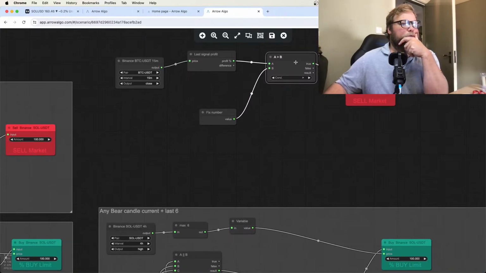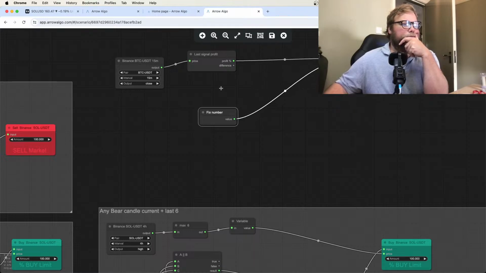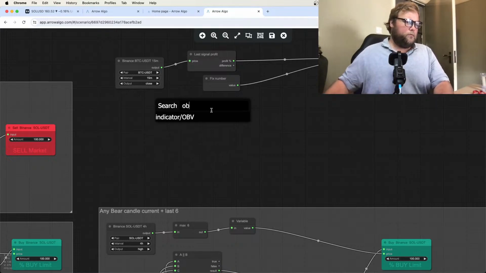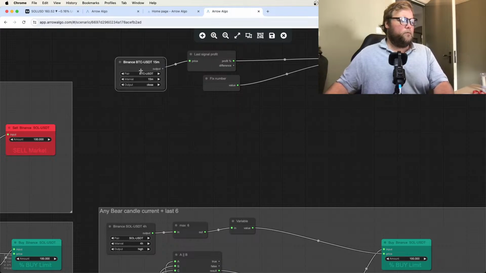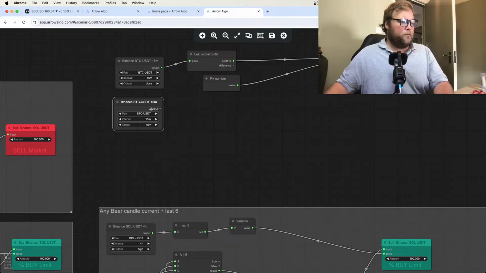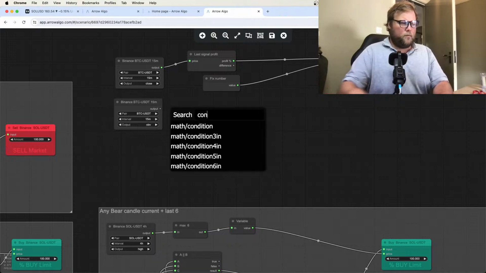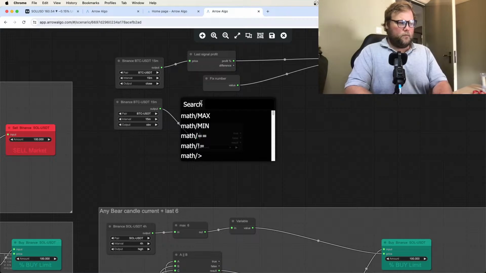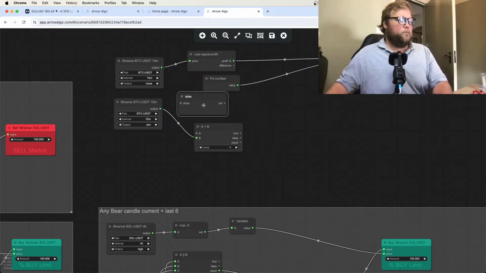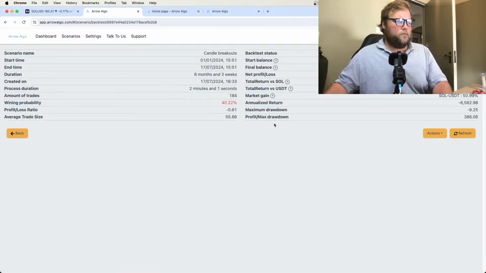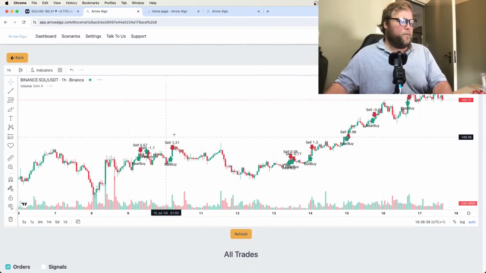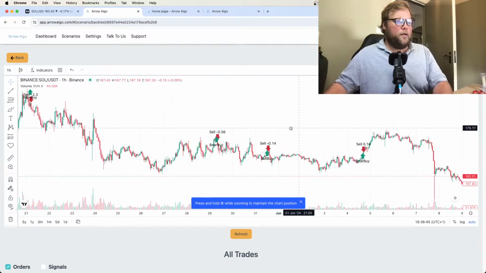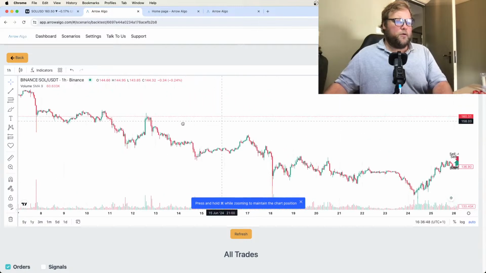So one thing that we can do is add in some more rules into this sell. So as I said, one thing might be that we're looking for a fall in volume. Another thing might be to look for generally trending downward markets.